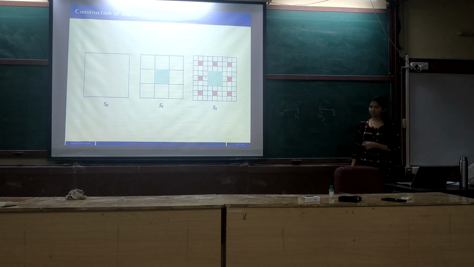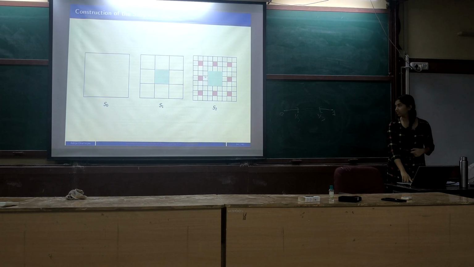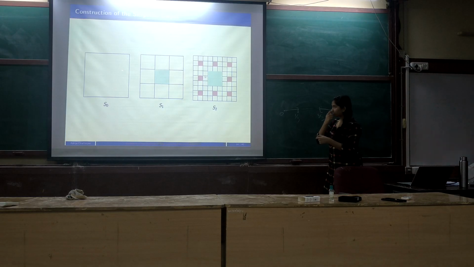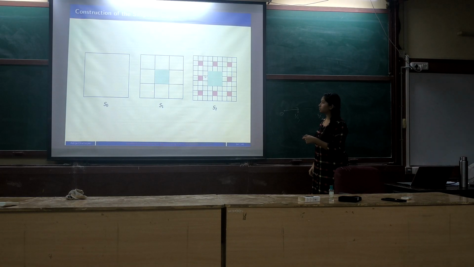So what can the functions be? First you have this square. In order to shorten this square into this small square here, you will basically take x by 3, y by 3. Then you will shift it here by x by 3 plus 1 by 3, y by 3. That will lead to the second square. Then you will shift to this square: x by 3 plus 2 by 3, y by 3.